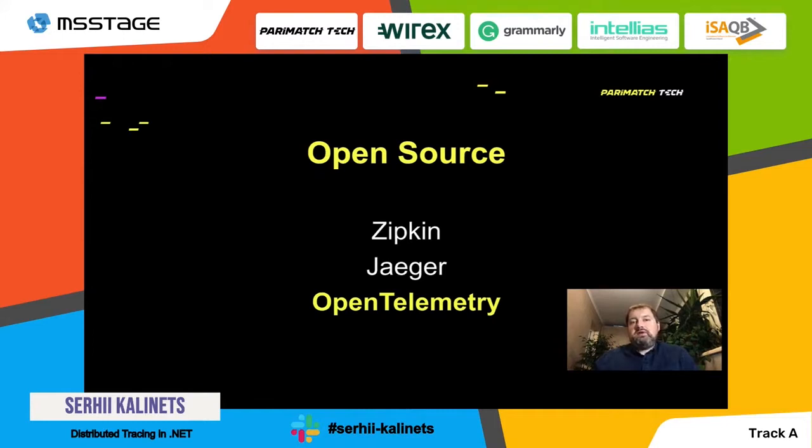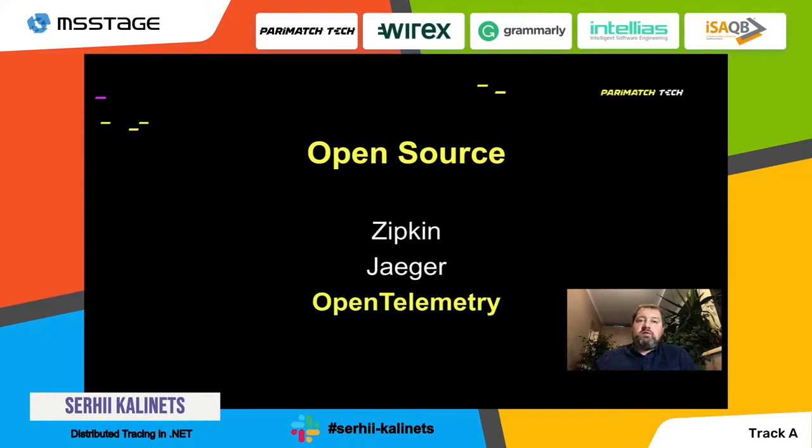However, recently all major market players in this area decided to join efforts and started an initiative named OpenTelemetry. And OpenTelemetry is going to become a single way of working with observability in the cloud native world.